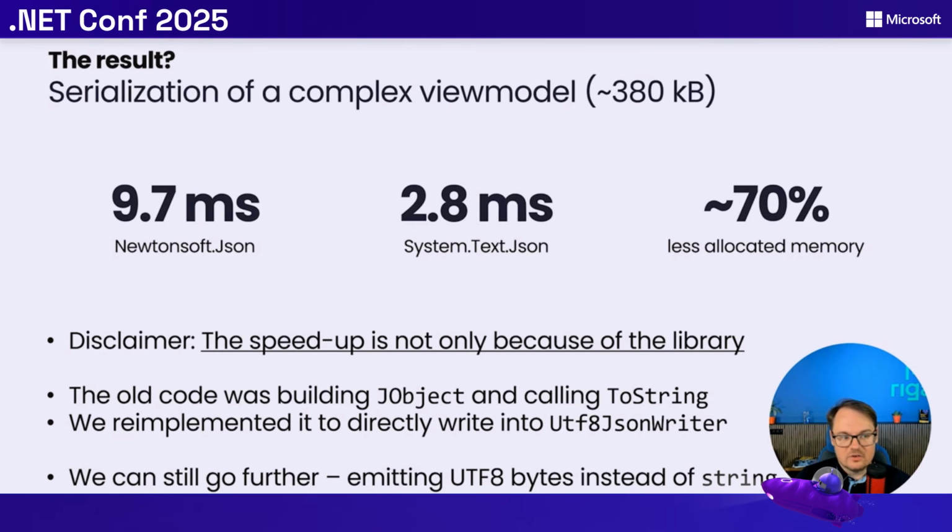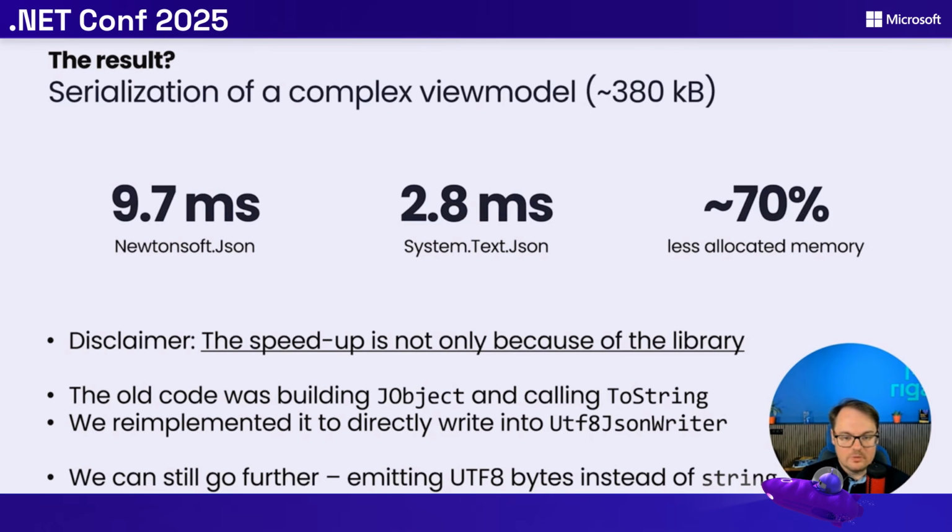And the results of this change are quite nice, because we saved about 60 to 70% of time while serializing the view model. However, to be fair, this difference is not entirely because of the differences between the libraries, like Newtonsoft.Json versus System.Text.Json, but we were also doing some things that were not that efficient with Newtonsoft.Json.